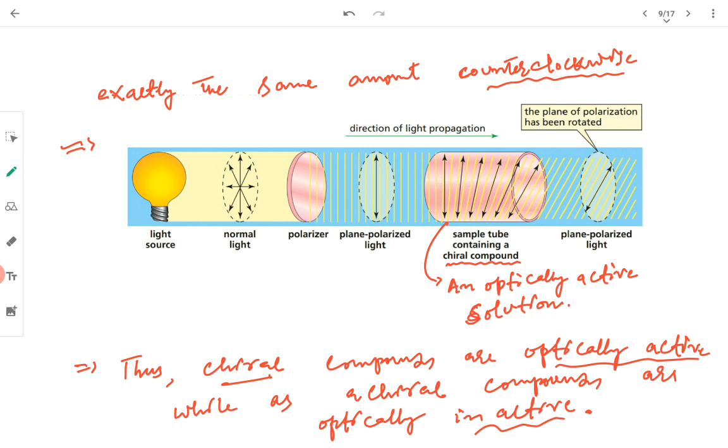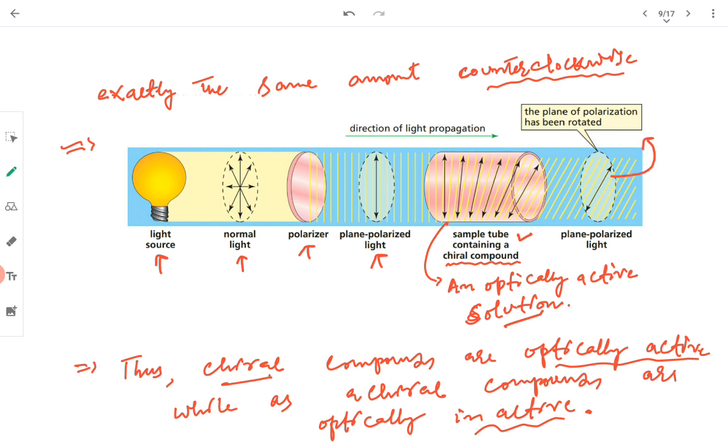So here is the representation of a compound which is optically active. This is the light source, the normal light source. This light has planes of oscillation in all possible directions. This is a polarizer, and this is plane polarized light. This is the sample tube in which there is a chiral compound, right? And here you can see the plane of polarization of this light has changed.